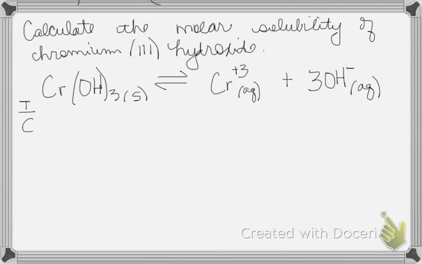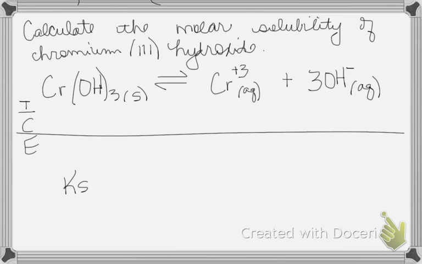So if there were an ice table here, and then I brought all that down into the Ksp, it's going to be worked the same, but it's not x squared, right? It's not 4x cubed. What is it?